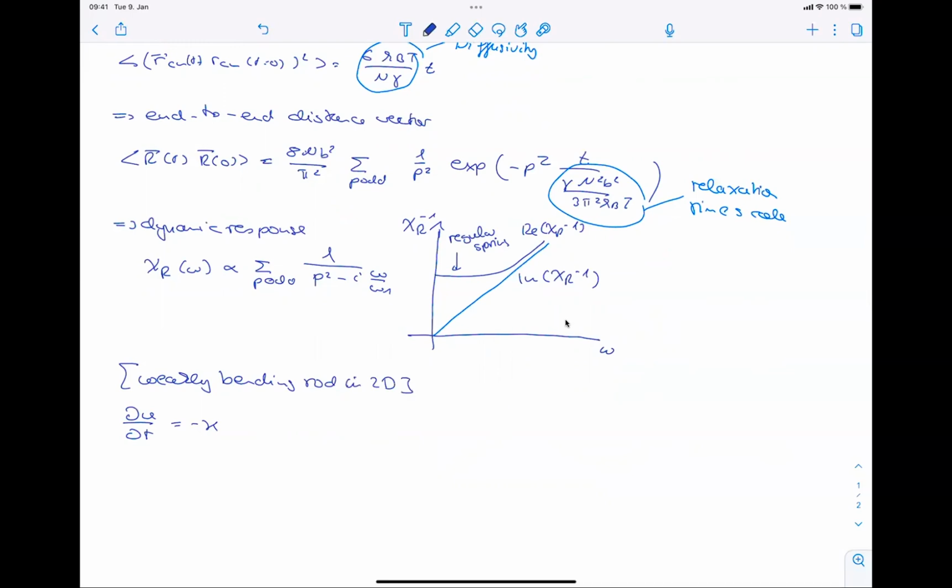So then we can write down an equation for the undulations, which is a 4th order derivative and noise. So this corresponds to the 2D undulations.